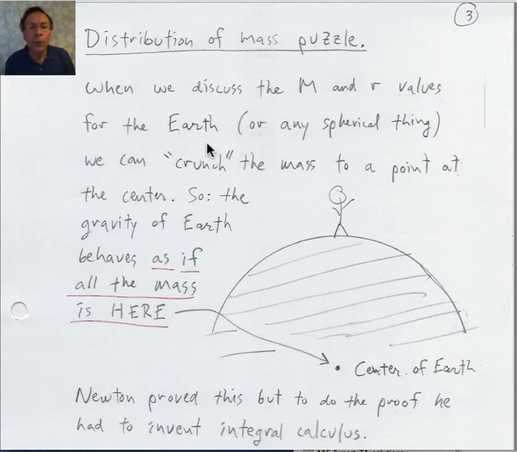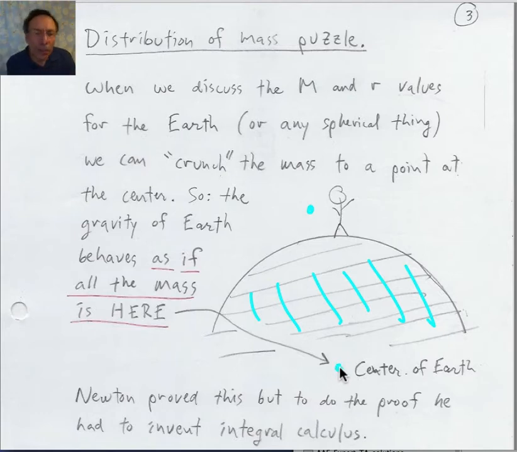When you use the universal gravitation formula, you want to use the distance from where your test object is to the center of the Earth. In other words, you're using the formula as if all of the mass of the Earth, all of this rock, was all concentrated at a point right at the center of the Earth.